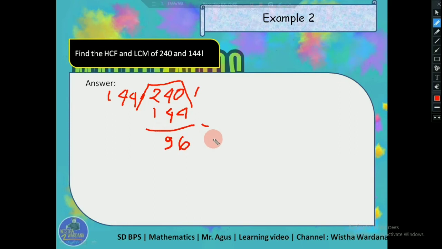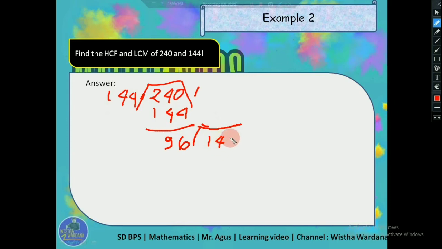So this is 96, and 96 is the remainder. And make the remainder become the divisor now and the last divisor become the dividend.